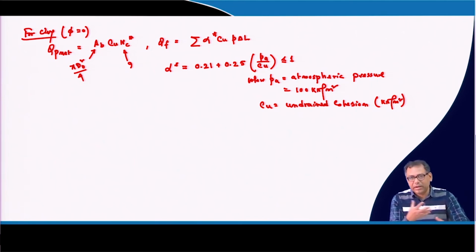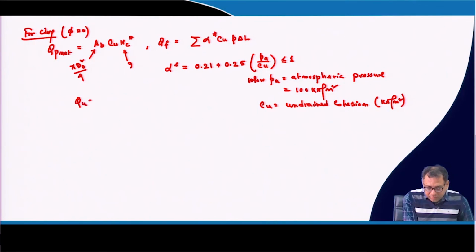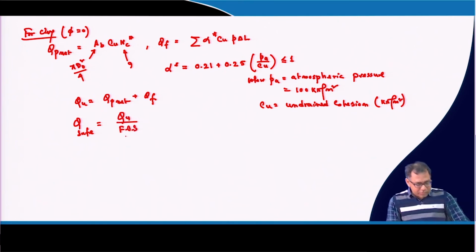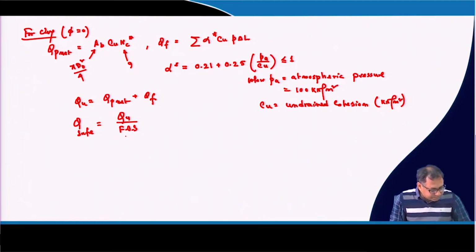So, this way we can calculate the alpha dash for different layers, and once we get the alpha dash, we have to multiply it with Cu, then multiply by the perimeter and the length of that segment of the pile or the well, and similarly in the tip also we can calculate. So, finally, Q u will be Q p net plus Q f, and Q safe will be Q u by factor of safety, which you can take as 2.5 to 3.